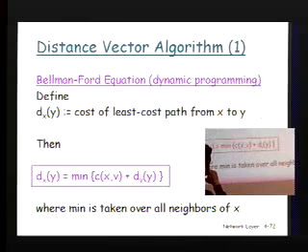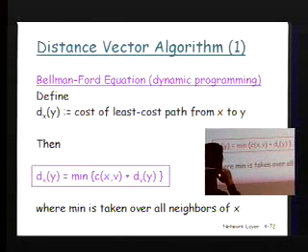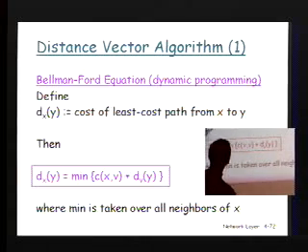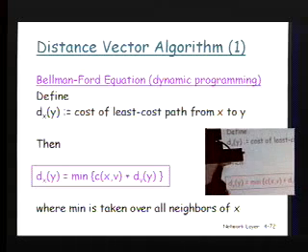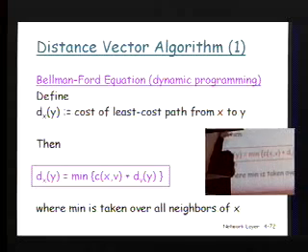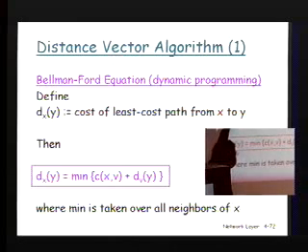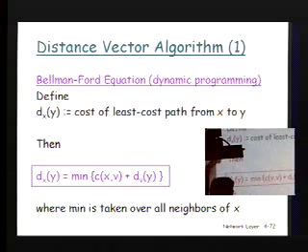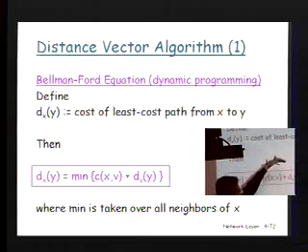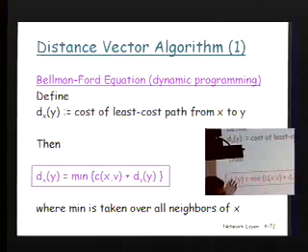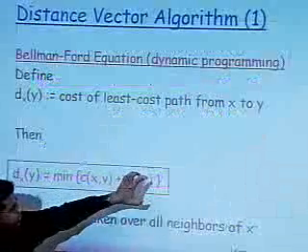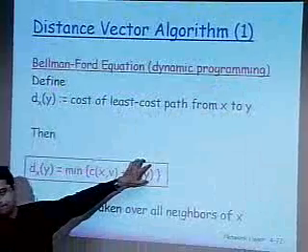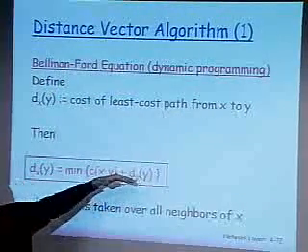So what do I mean by that? See, this is the optimal path to a node y from x. Now you look at all your neighbors. So x will have a bunch of neighbors, and all of them have their own optimal or least cost path.